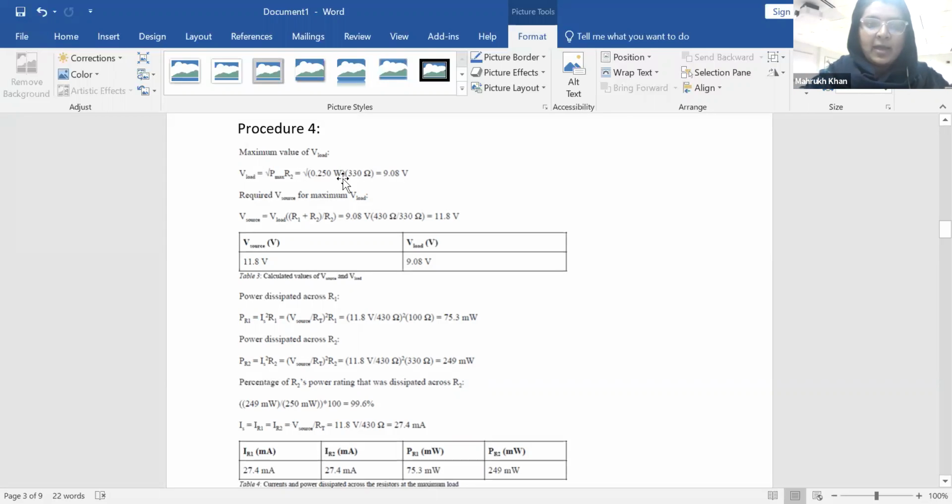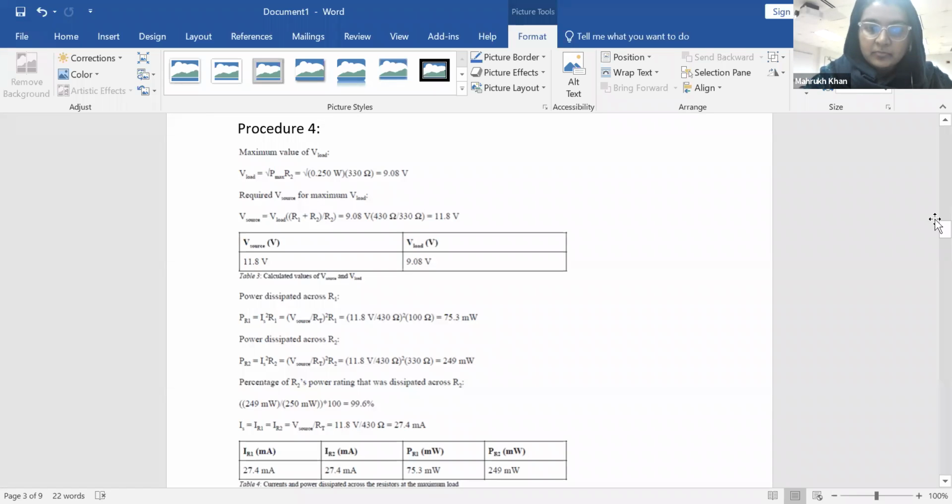The V load you found is 9.08 volts, and the V source for this V load was 11.8 volts. It means that if you have this V source, you will get this V load, okay? So that's a good way of doing it, to understand what the V source will be and what V load you will be getting, okay?